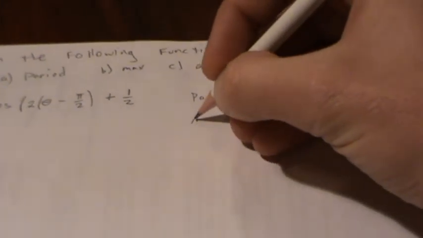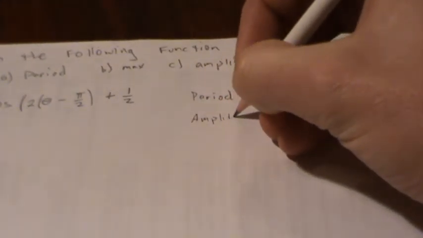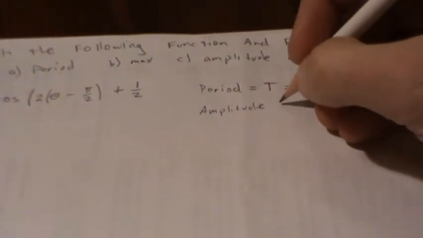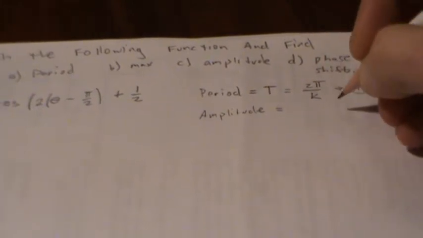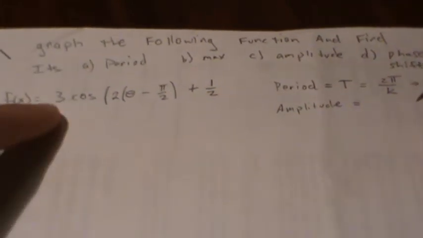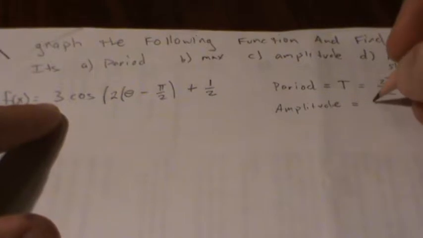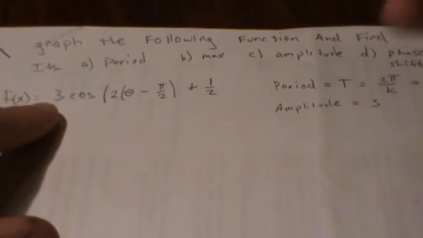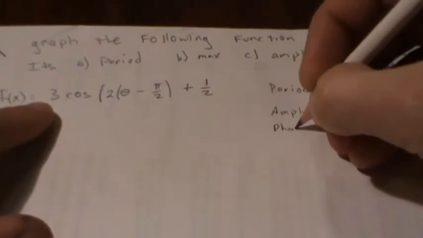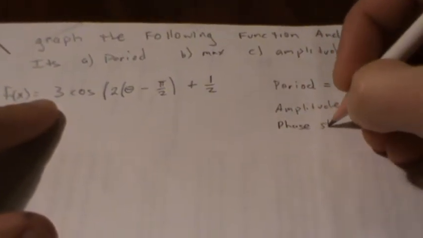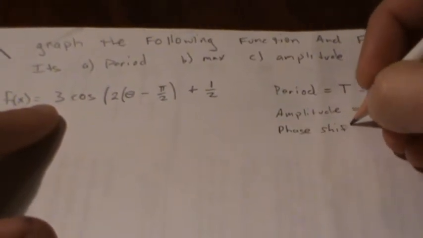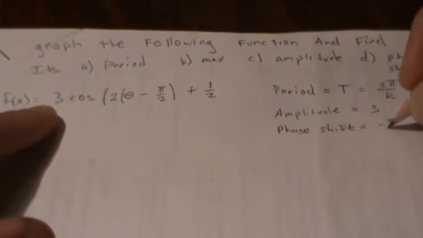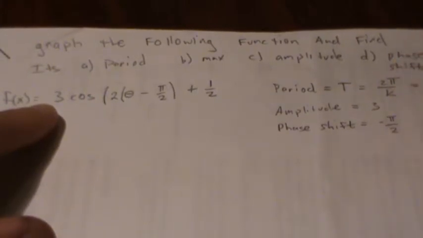I'll go with the amplitude next. The amplitude is written right there in the equation. First number, it is 3. The phase shift is also written in the equation, and it is negative pi over 2.